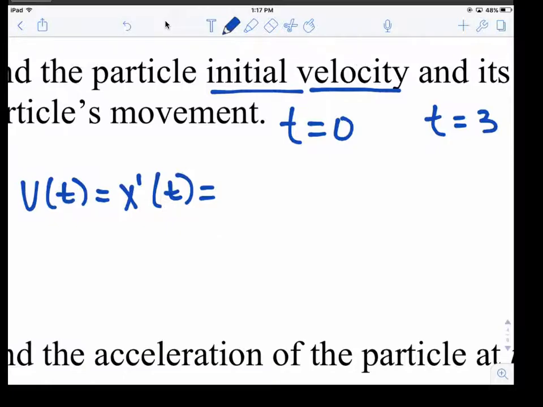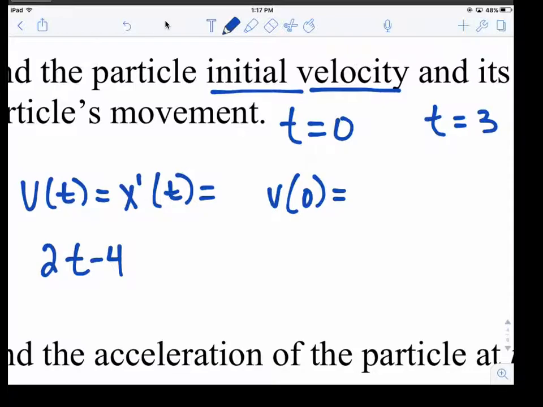So what's the derivative of x of t? 2t minus 4, right? So the velocity is the first derivative of position, right?